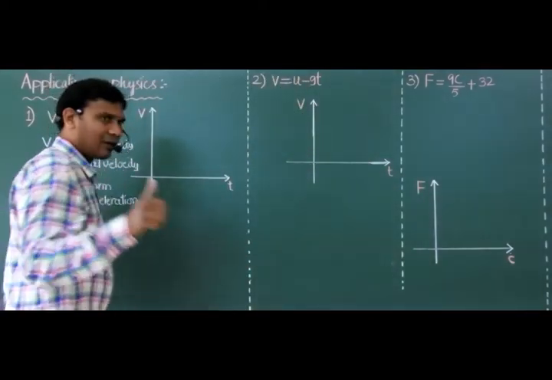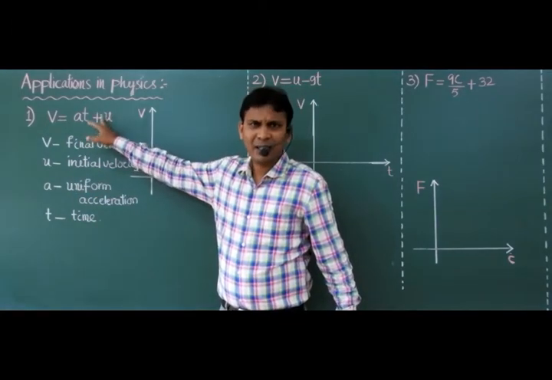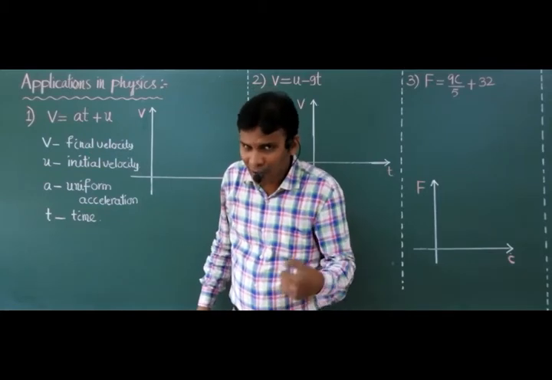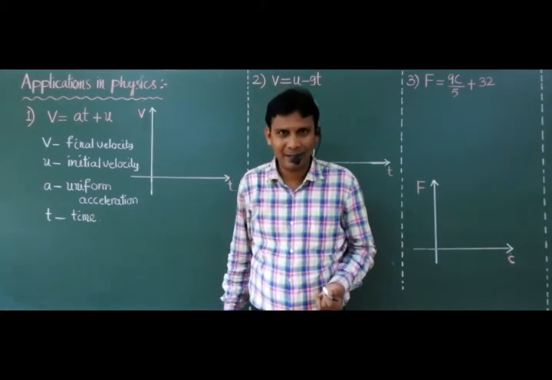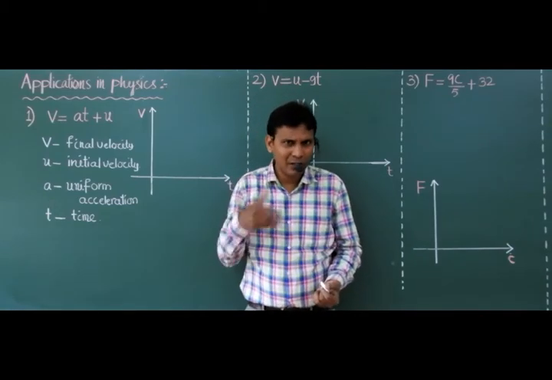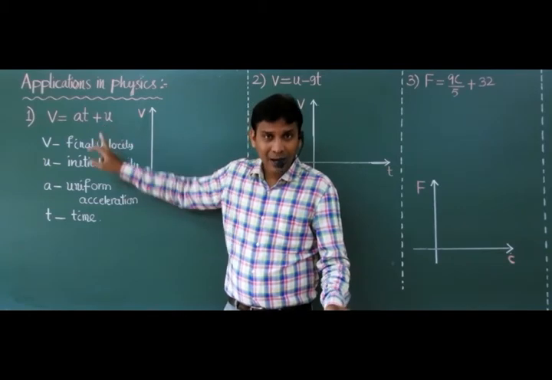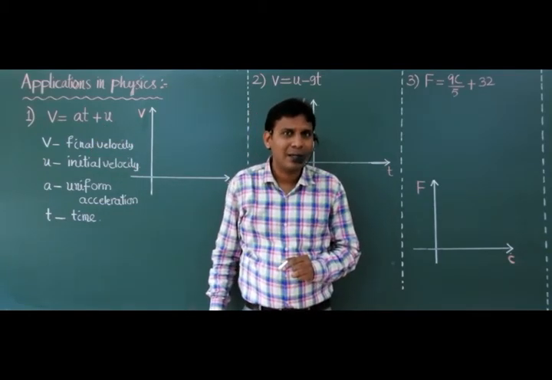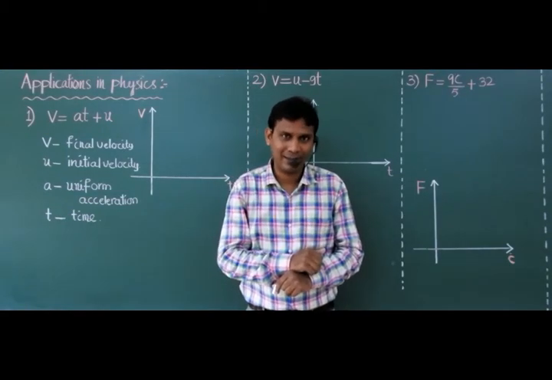Now I will ask one question. Sir, is this equation in the form of y is equal to mx or y is equal to mx plus c? I will give a few seconds. You just recall. Is it in the form of y is equal to mx or y is equal to mx plus c? Tell me your answer. It is not in the form of y is equal to mx.